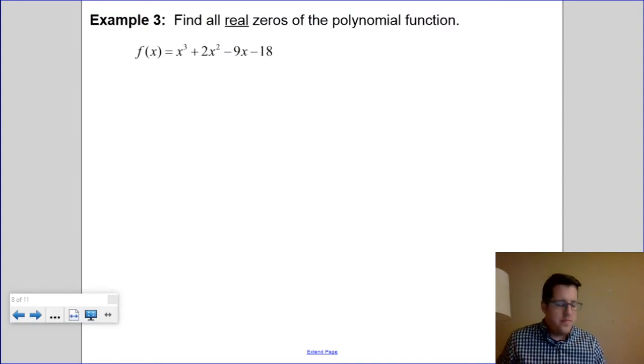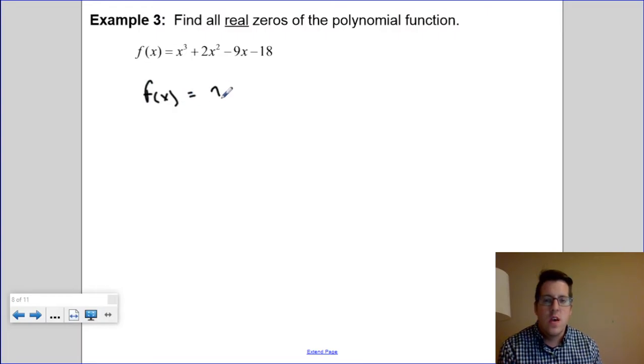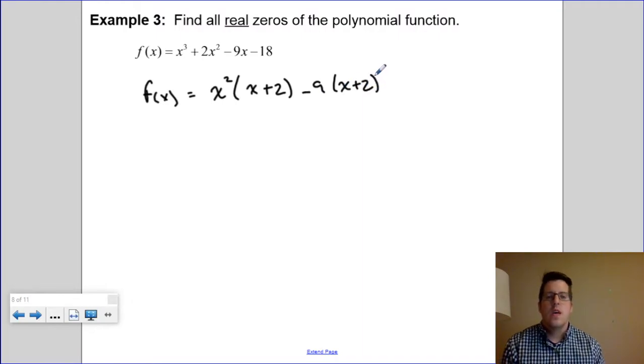Okay, so problem 3 says we're going to find all of the real zeros of a polynomial function. Now let's not let this problem fool us. Just because we know the rational zero test doesn't mean we always have to use it. This problem, you may notice, can be factored by grouping. If that's true, I don't need to do the rational zero test at all.